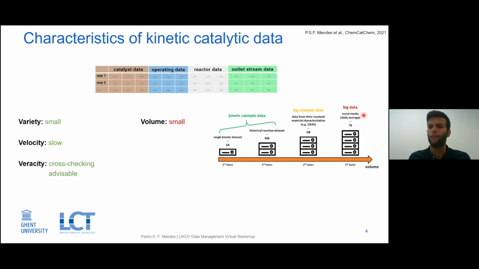So it's a huge gap between what we are doing with catalysis data and the typical big data that most people are referring to. And still, okay, there's some big catalytic data which will come from, for instance, operando characterization and other type of measures that do generate much higher amount of data points than kinetic catalytic data.